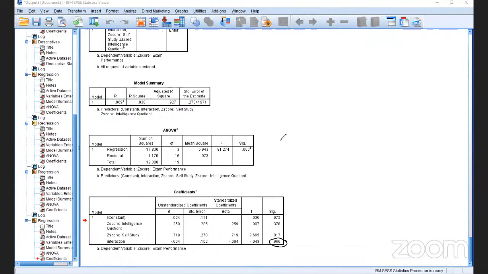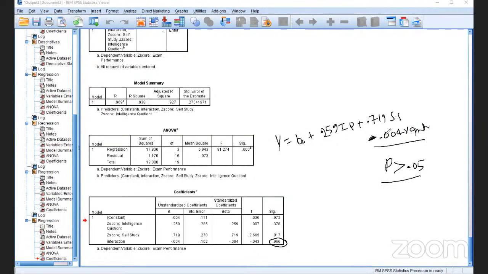So here we can see y equals constant plus the regression coefficients. The b1 value is 0.5259, it is IQ, plus 0.719 into self study, and minus 0.004, a very small regression coefficient, almost zero, and it is the interaction. So it is not significant.